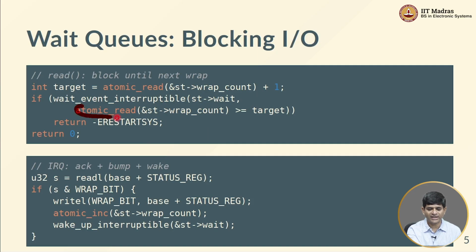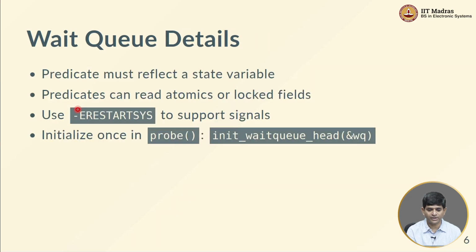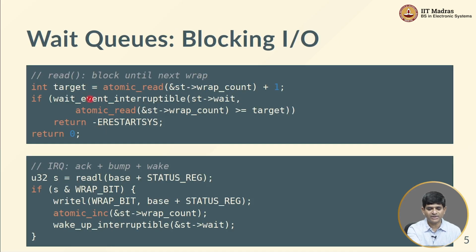I can have something fairly simple being computed here. And as I said, this -ERESTARTSYS is used as a special signal to say that something went wrong. I was waiting for an event, but instead I got an interrupt. This whole thing was broken, so it is not really satisfied. You go handle it in some other way.